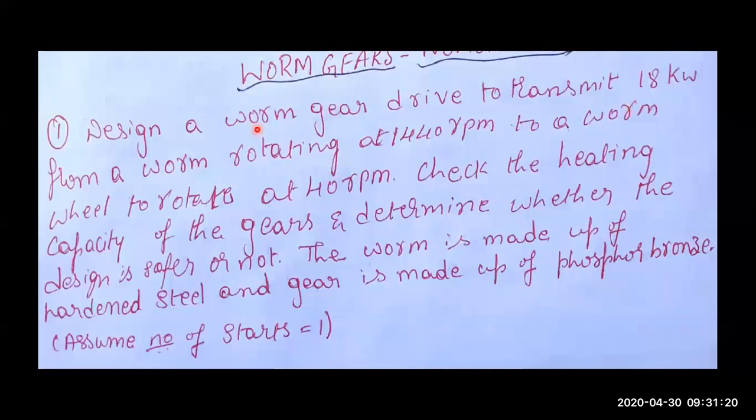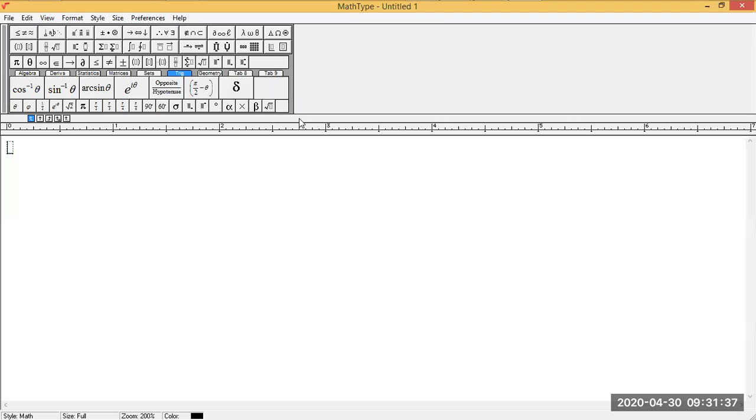Okay, so design a worm gear that is directly given. This worm gear can be given as a non-parallel, non-intersecting shaft with more keywords like very high reduction ratio, speed reduction ratio, so this kind of stuff.